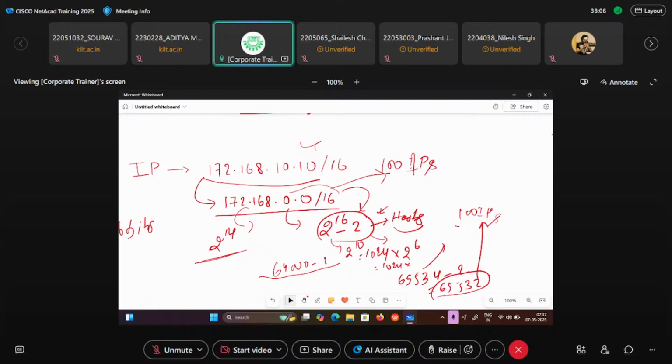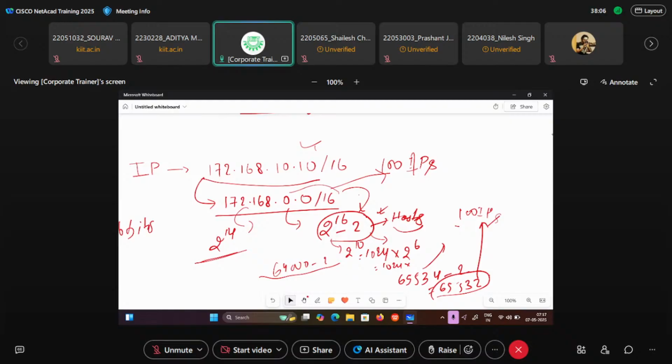The third one is the classless IP addressing concept, where there will be IP addresses which do not belong to a particular or specific class. That concept is also a bit similar to subnetting.